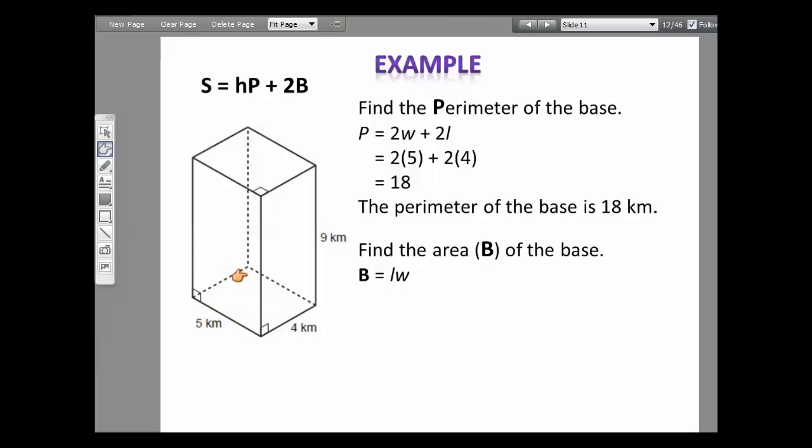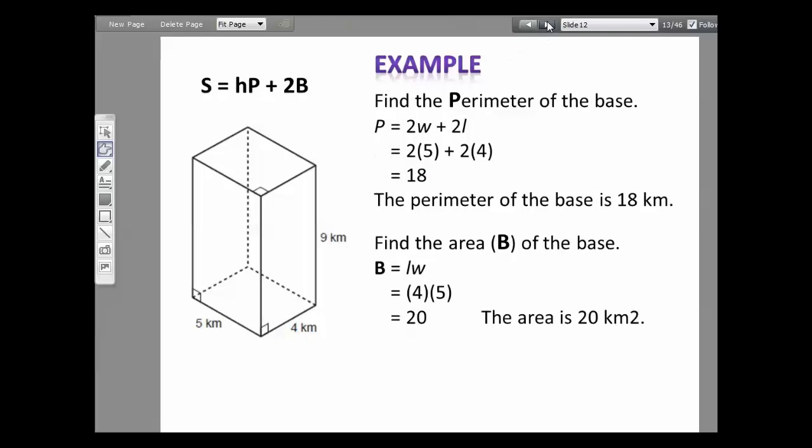Some of you may know it as little b times little h, base times height. So my length, they've already told me, is 5. My width is 4, so I'm going to plug those numbers in. And I get 4 times 5 is 20. So the area is going to be 20 kilometers squared.